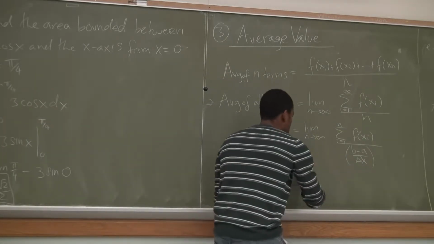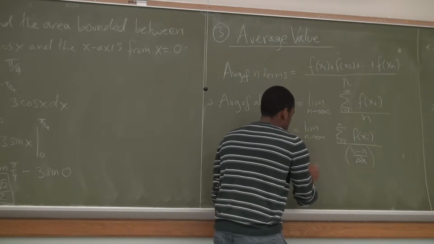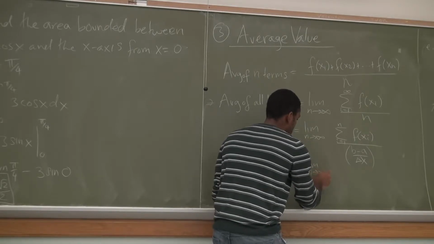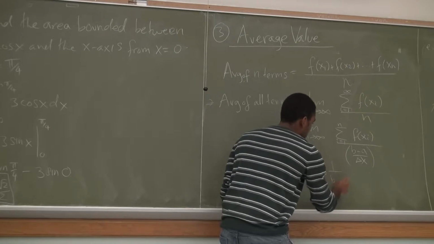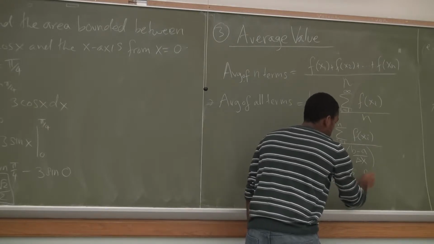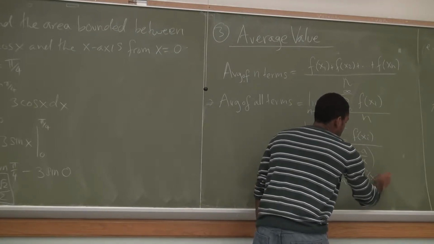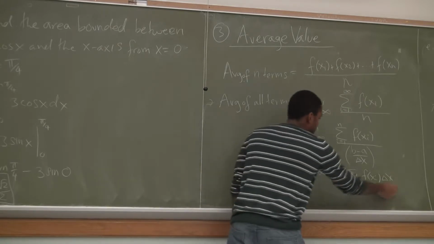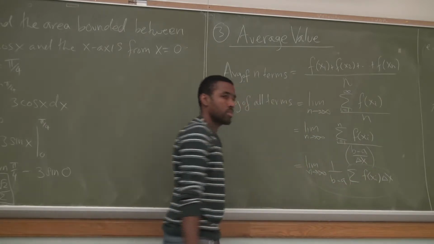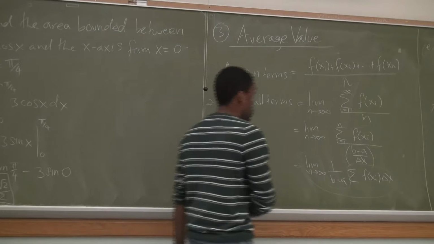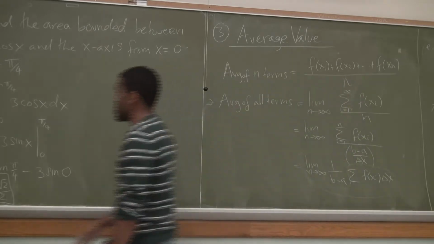Subtraction you can flip and multiply. This means you just have the limit as n goes to infinity of 1 over b minus a times the summation of f of xi times delta x. But we know that this actually gives us the integral from a to b, and so we end up finally with the formula.